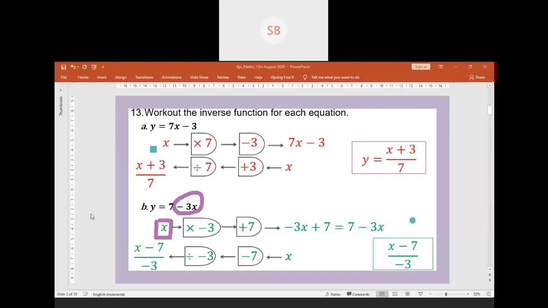So why is it negative again? Because this is negative 3x. You see the input is x, so we have to focus on the letter x. The letter x is attached to negative 3. So from x into negative 3x, I need to multiply it by negative 3.